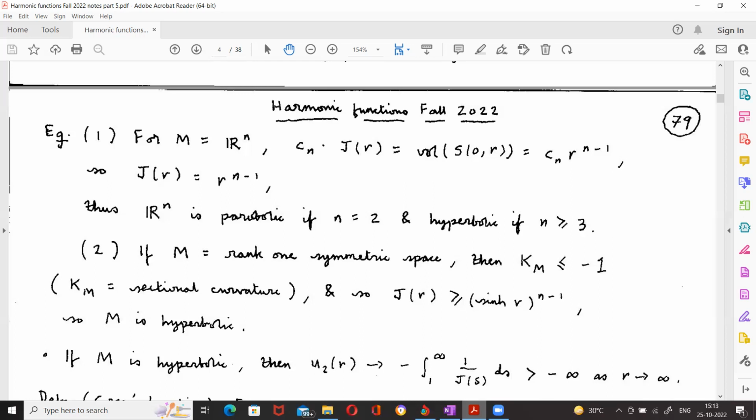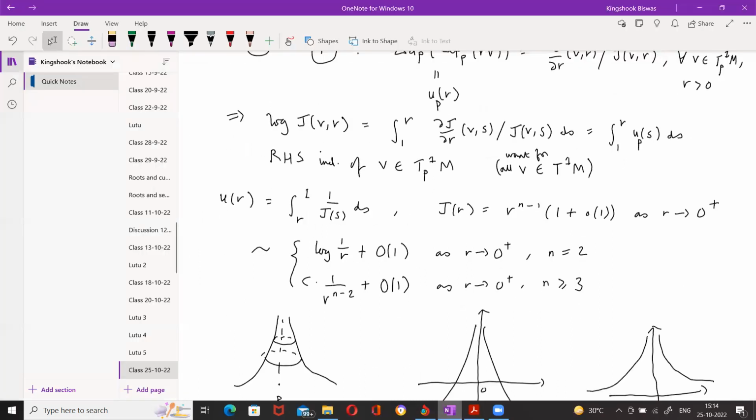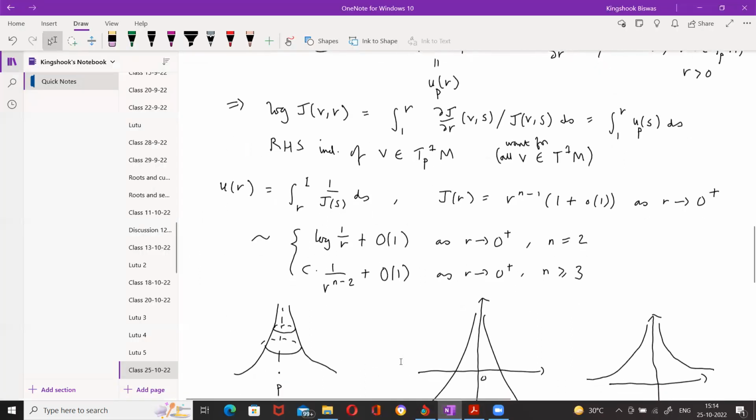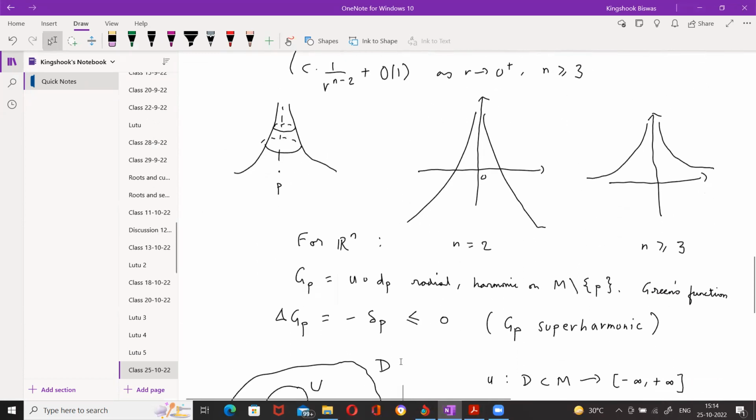Okay. So that is a transient Brownian motion. So in the hyperbolic space, the Brownian motion is transient, and in R2, the Brownian motion is recurrent. So that means it will keep coming back into any neighborhood of a given point.